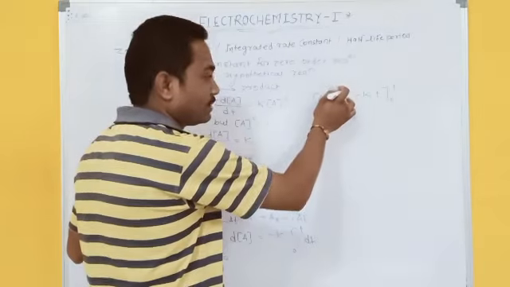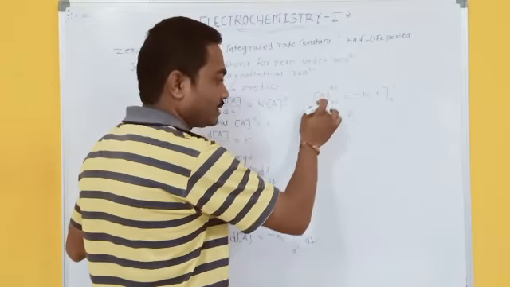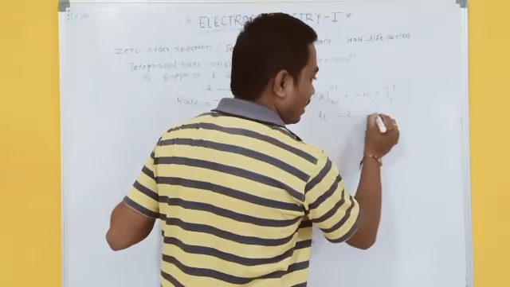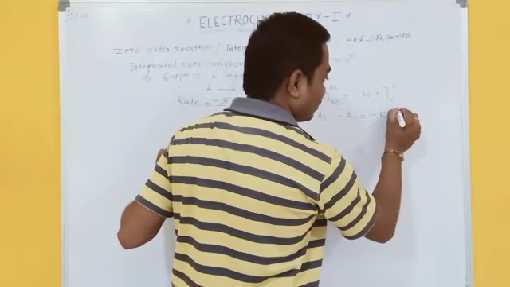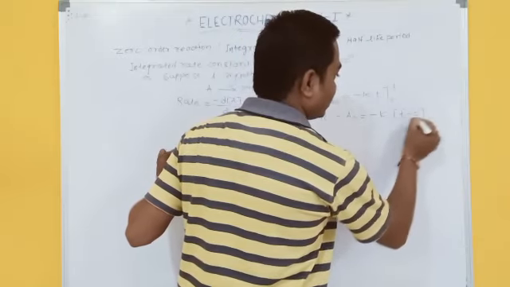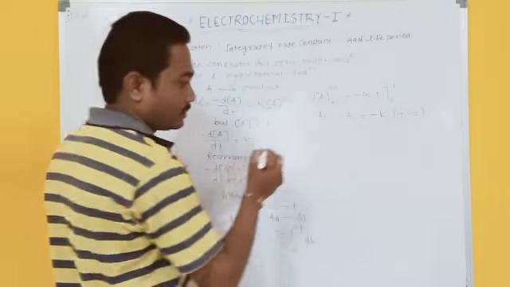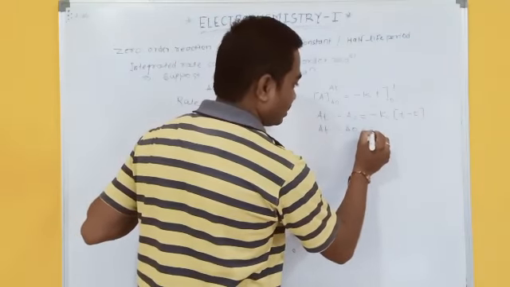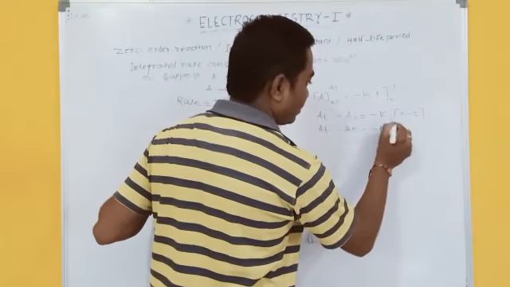When we apply the limit, the first is at minus A0. Here minus k t minus 0. At minus A0 is equal to minus k into t.